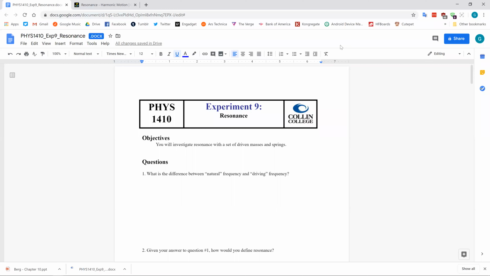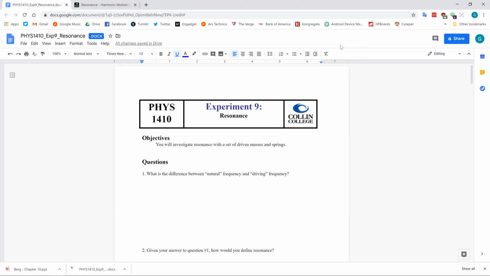So labs 7 and 8, which officially aren't due for a while anyway, you're able to turn them in up until the end of the class. Those ones I'm not enforcing any late policies on at all.